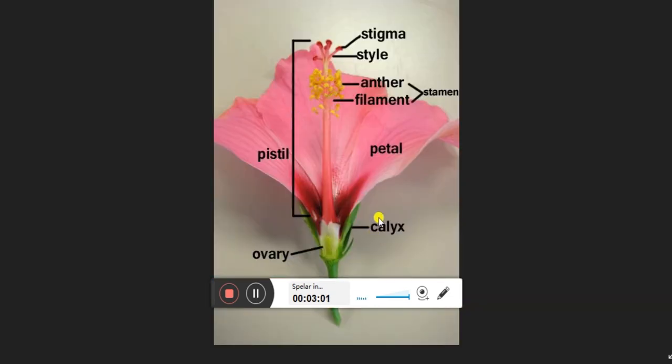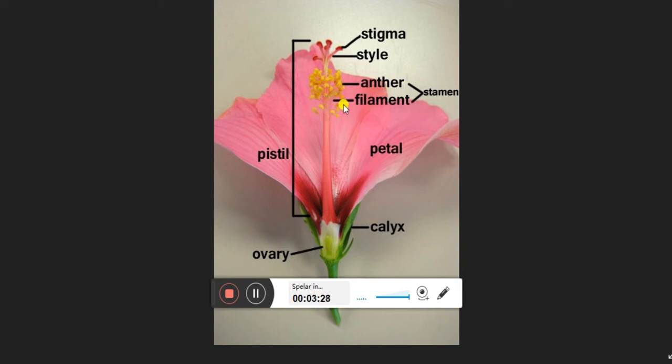The next whorl is the androecium, or the stamen. Here you can see the white-yellow colored structure, made of 2 parts. The upper lobe-like structure is the anther, attached to the filament.